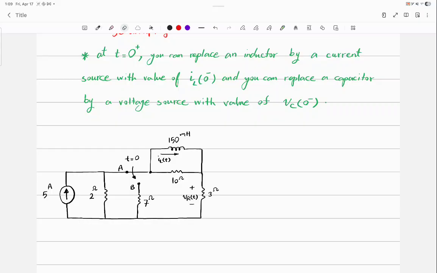What should I do? 0 positive means that I'm going to be connected to point B. What should I get rid of in the circuit?